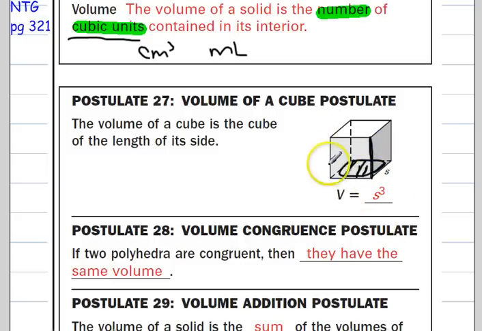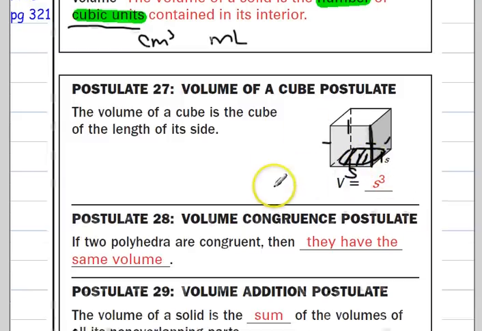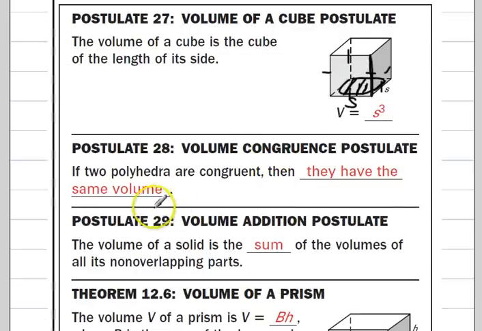Since we are talking about a cube, the sides of a cube are all congruent, so the area of this base is this length times this length, and the height is the same length, so that's why we call it s cubed, because everything is the same. If two polyhedra are congruent, then they have the same volume.